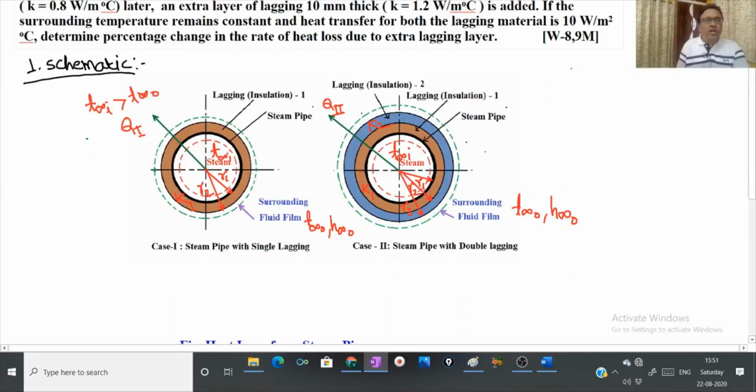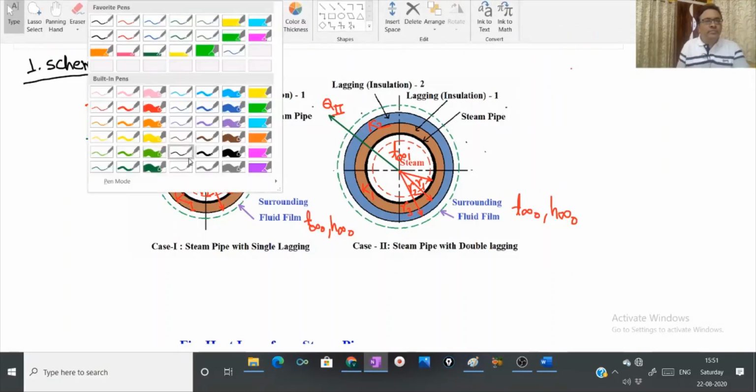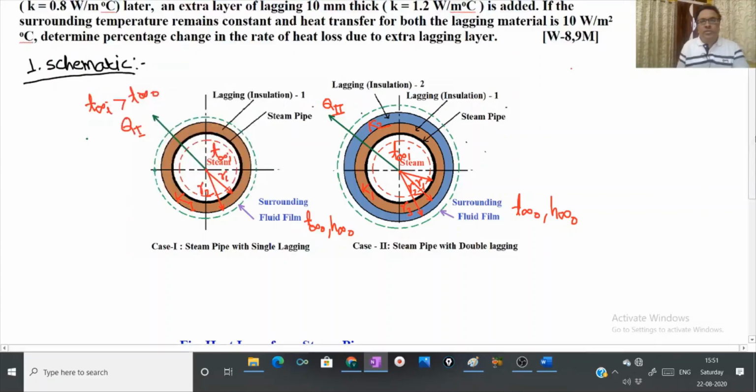Now let us draw the equivalent electrical circuit for this arrangement.